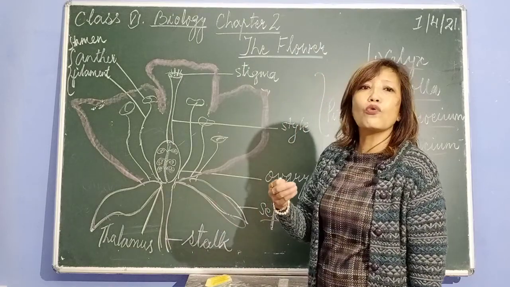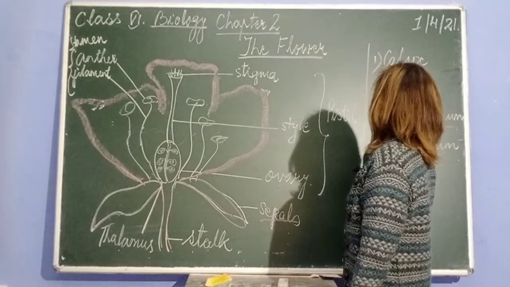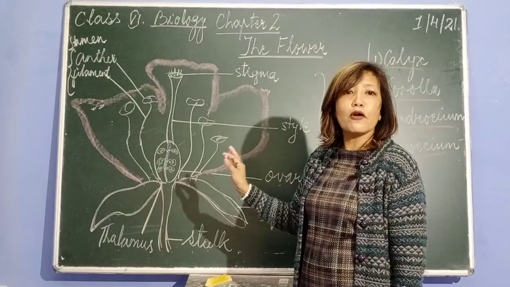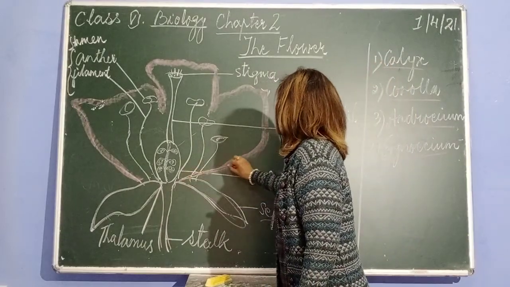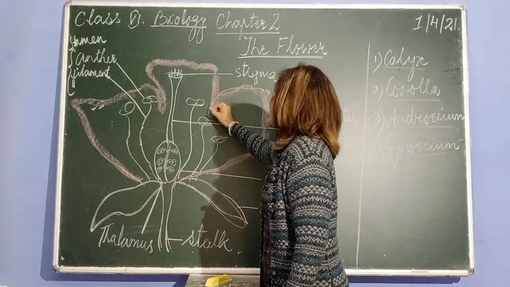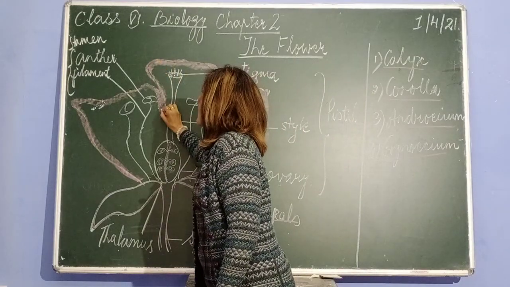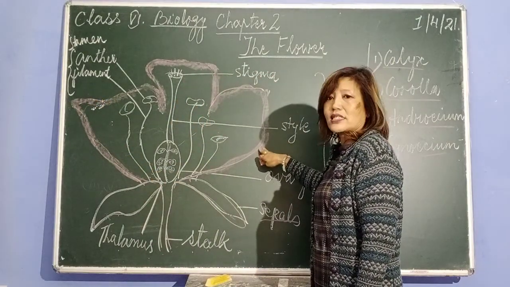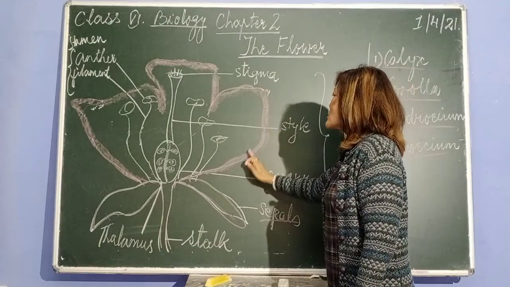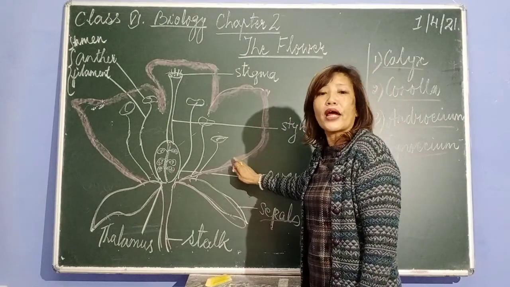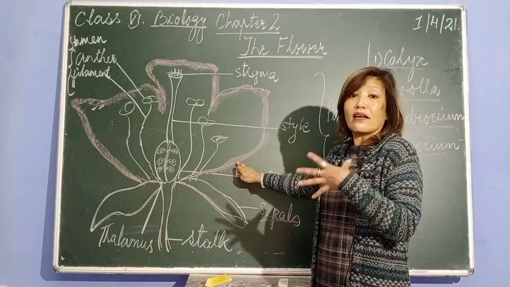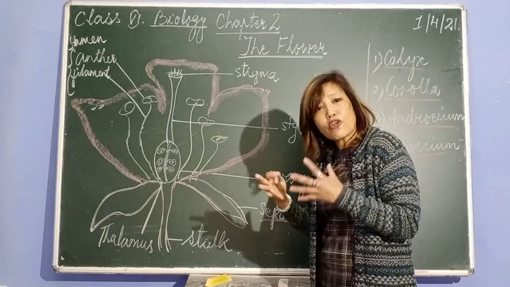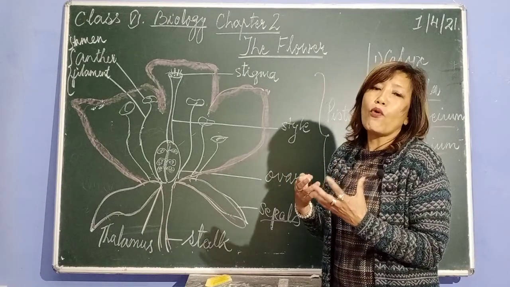Then comes the second whorl of a flower, which is called corolla. Corolla consists of petals. These are the brightly colored petals, which form the second whorl of a flower. If you see these petals, they are brightly colored and large also. The function of these petals is to attract insects for pollination.